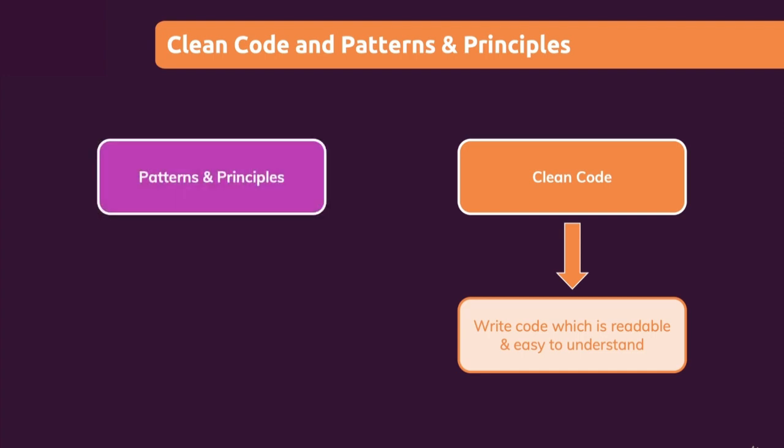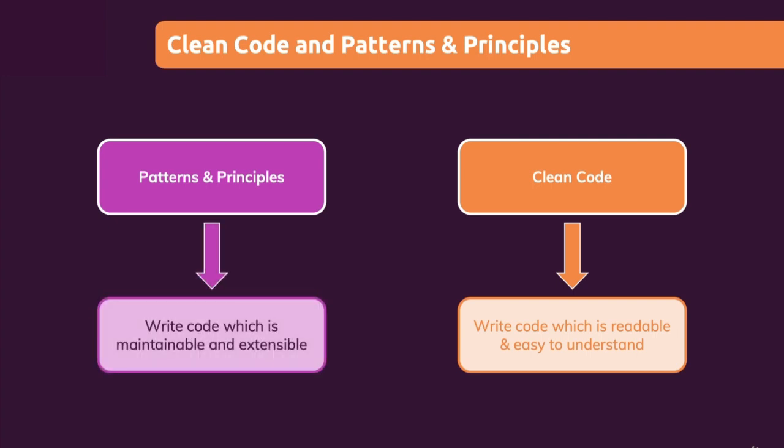Now, all these patterns and principles out there are focused on ensuring that you write code which is extensible and maintainable. Of course, there is a connection. Of course, if you follow these patterns and principles, that can help with writing clean code. On the other hand, if you name things poorly, if you format things poorly, if you have functions which are super clunky and messed up and hard to read, you can follow all these patterns and principles and you would still not have clean code.